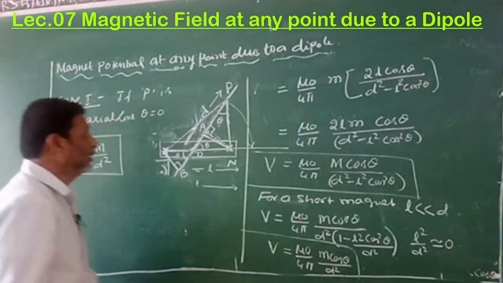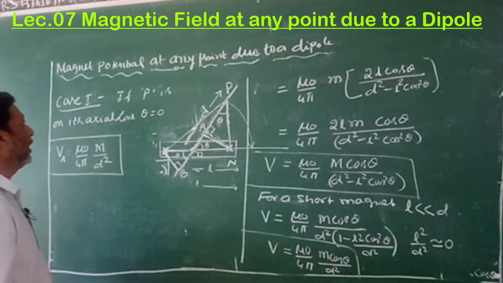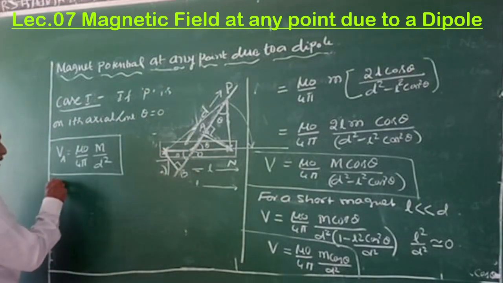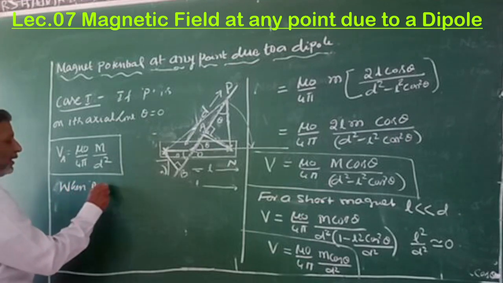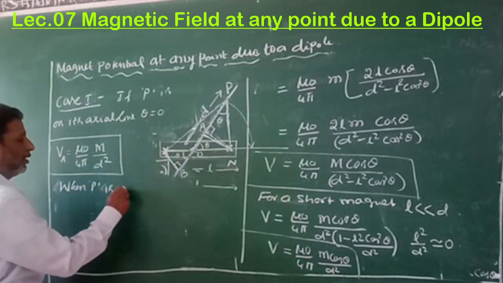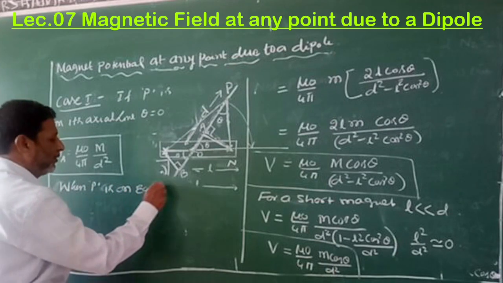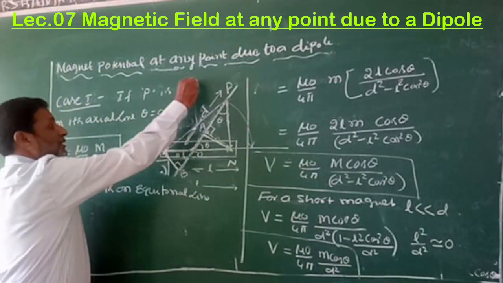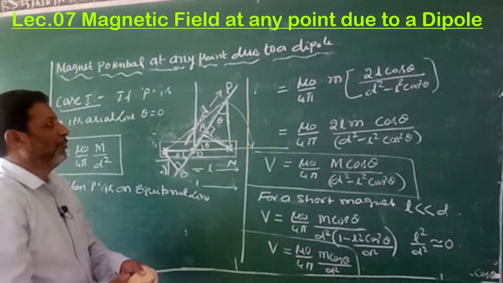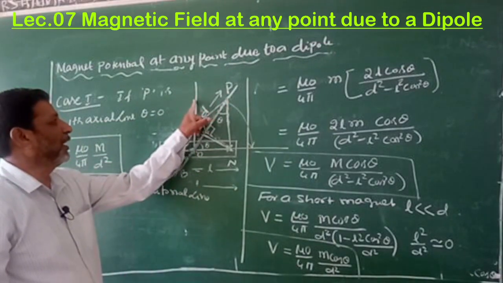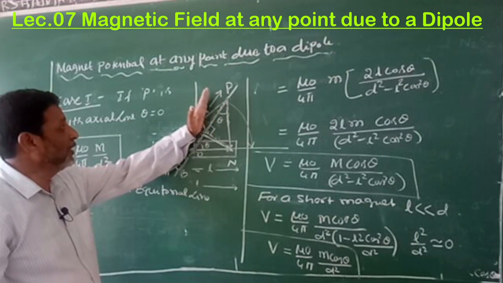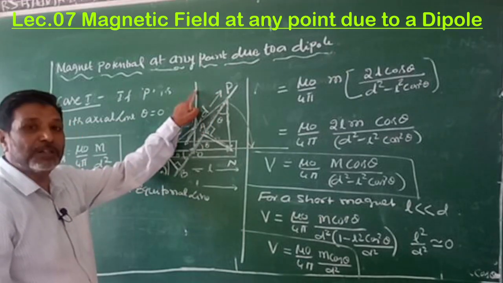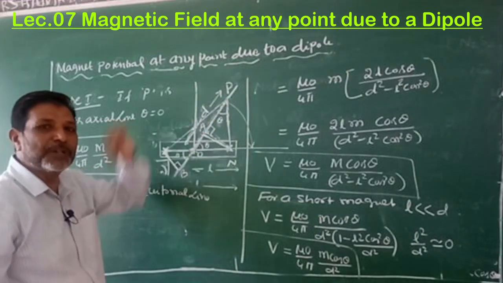Now, you verify that this is the formula of the magnetic potential on the axial line of a dipole, isn't it? Next, case 2: when P is on the equatorial line. When the point comes on the equatorial line, theta gradually increases, and when it is on the equatorial line, theta will be equal to 90 degrees.